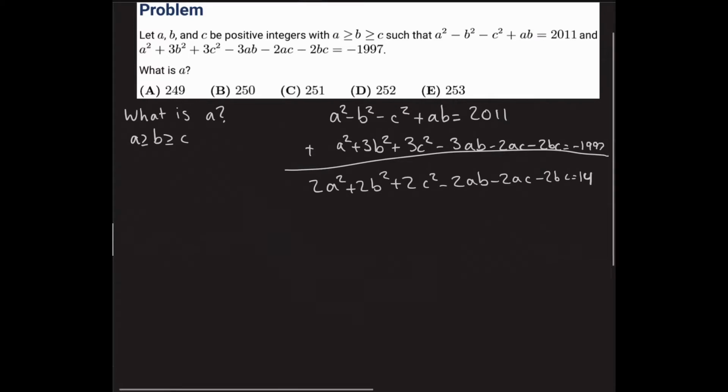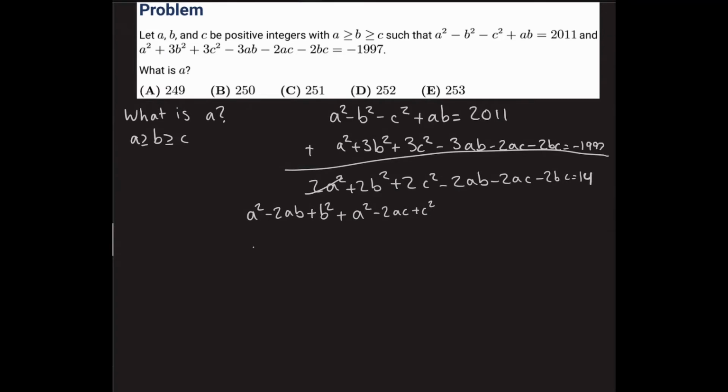By that, I mean I'm going to break the 2a squared and 2b squared into a squared minus 2ab, which is right here, plus b squared. And then I'm going to take the other a squared, and I'm going to pair it up with negative 2ac and a c squared. So minus 2ac plus c squared.